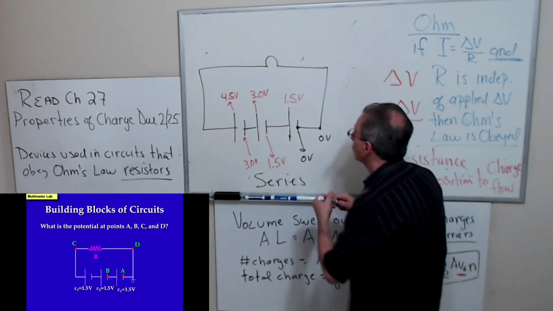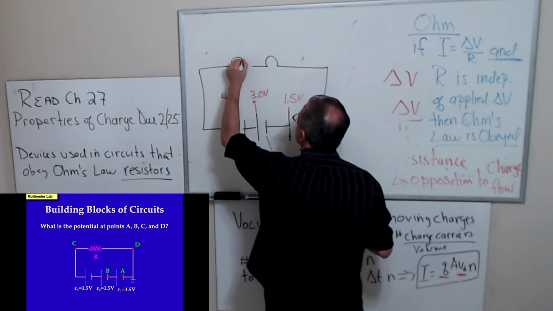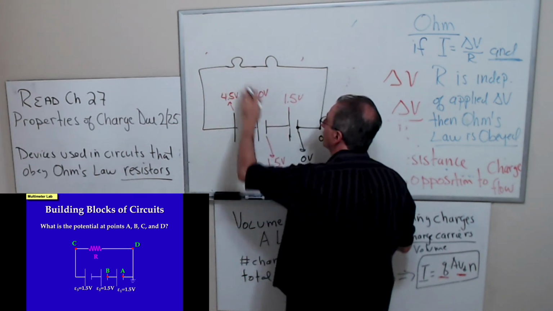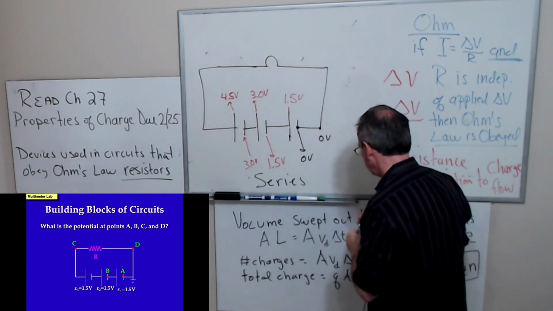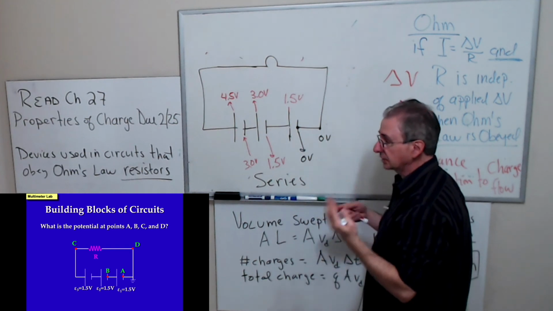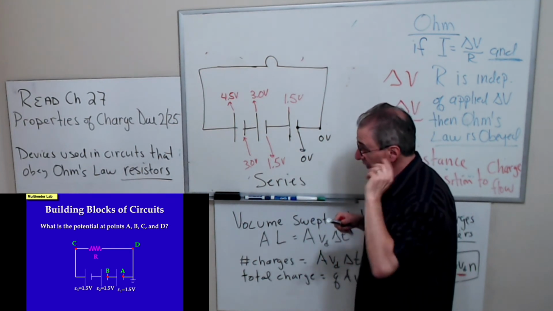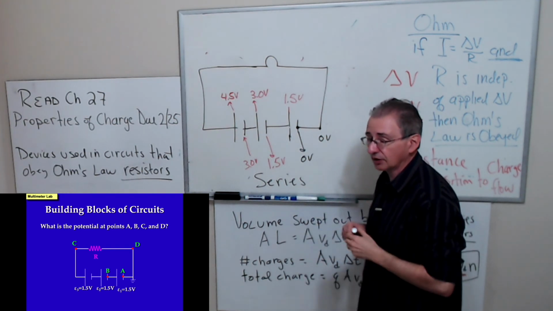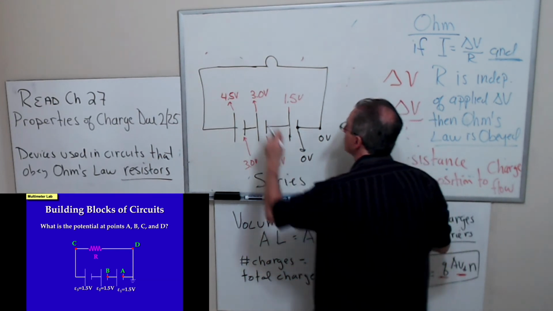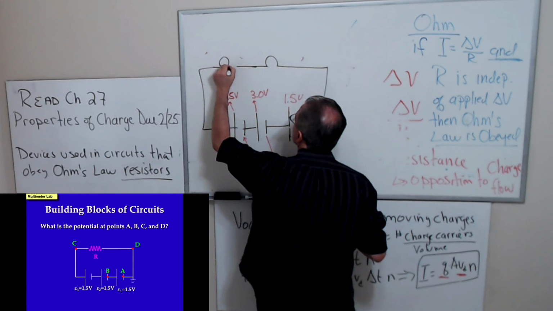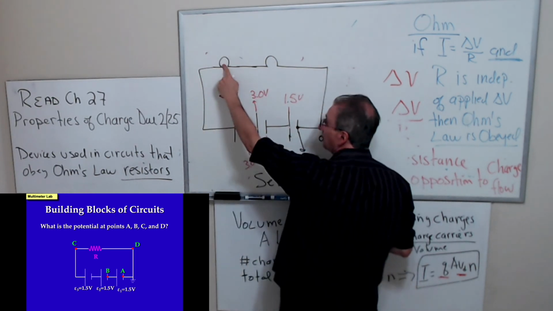Now, if you take two bulbs and put them in series, they look like this. You hook them up one after the other. Now, what's the difference between series and parallel? In order for you to have a circuit, you need to have a closed path. In order for the electrons to move through a circuit, you have to have a closed path. So, if I put 2 light bulbs in a circuit, guess what happens if this one dies?